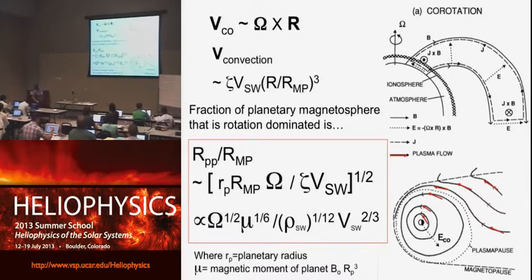And we can describe where that plasmapause is as compared to the size of the magnetosphere by just working out where these things equate. And you end up with an approximate description that basically you can follow through the algebra.